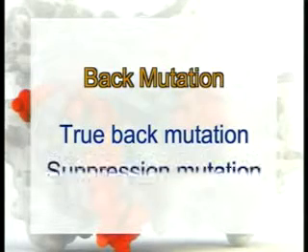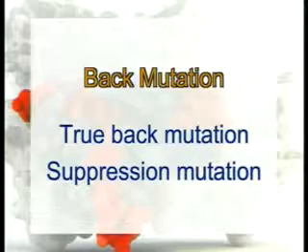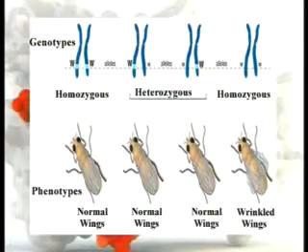Number 2, suppression mutation. True back mutation, where the second mutation is at the same genetic site where the first mutation had taken place, and the phenotype as well as the genotype of the organism revert back to the wild type.